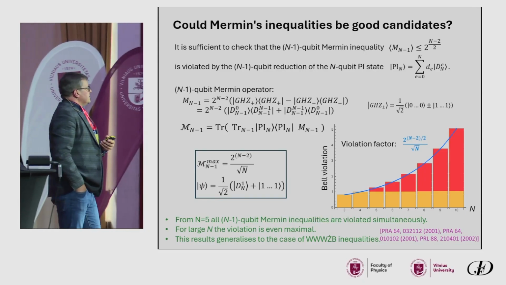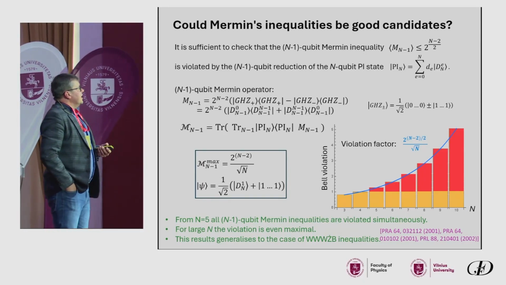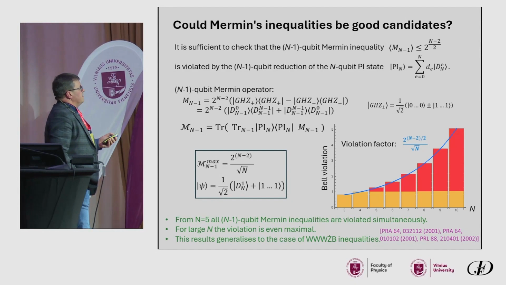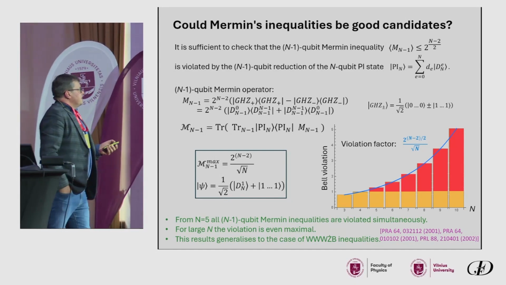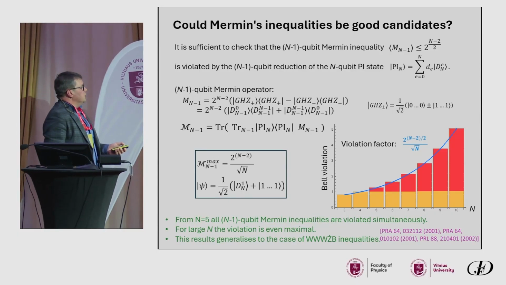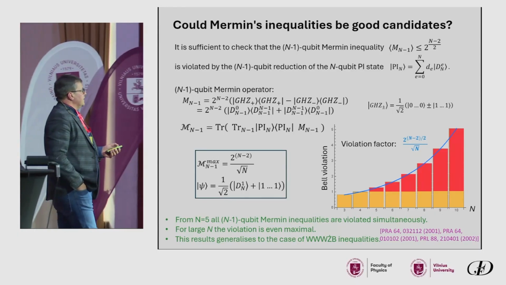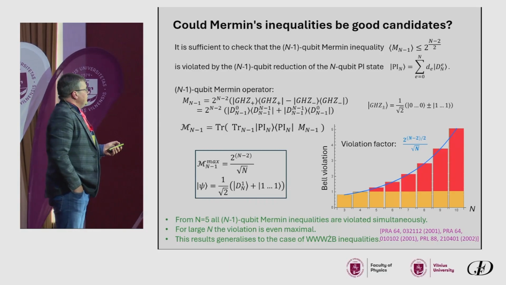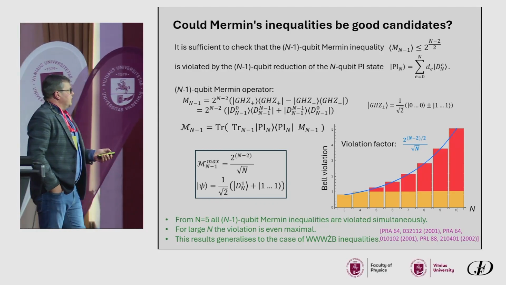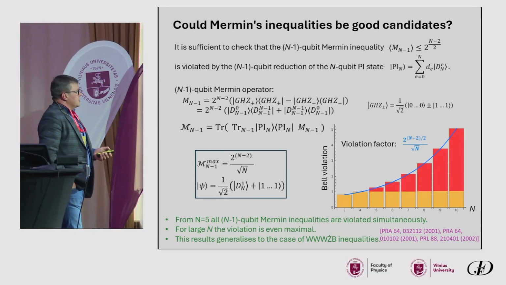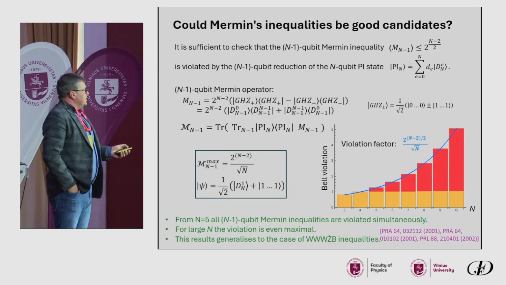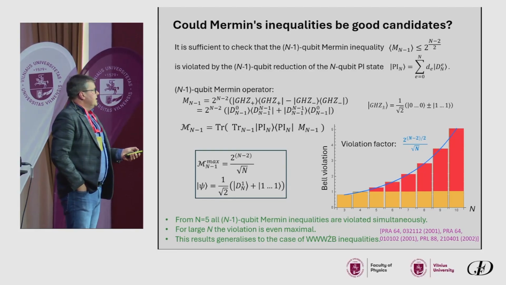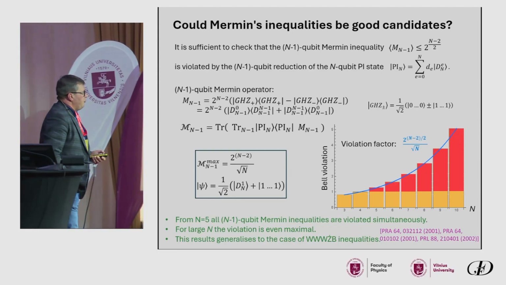It allows us to simply calculate the expectation value of the Mermin operator, which reaches a maximum equal to 2 to the power of n minus 2 divided by square root of n for the following quantum state, being a superposition of the Dicke state, particular Dicke state, it's actually the W state, and the 111 state.